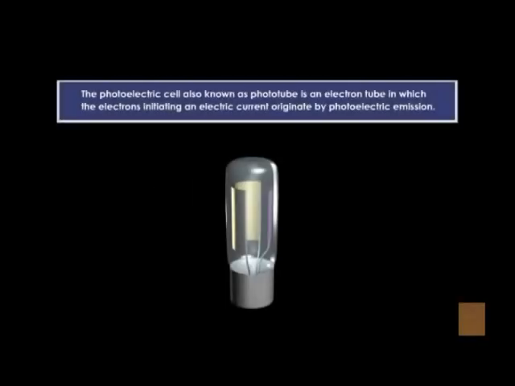Applications of photoelectric effect. The photoelectric cell. The photoelectric cell, also known as a phototube, is an electron tube in which the electrons initiating an electric current originate by photoelectric emission. A phototube consists of a cathode coated with a sensitive material and an anode.